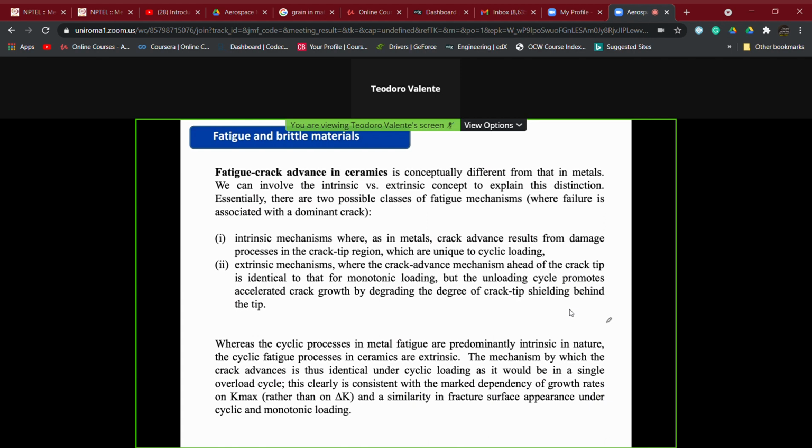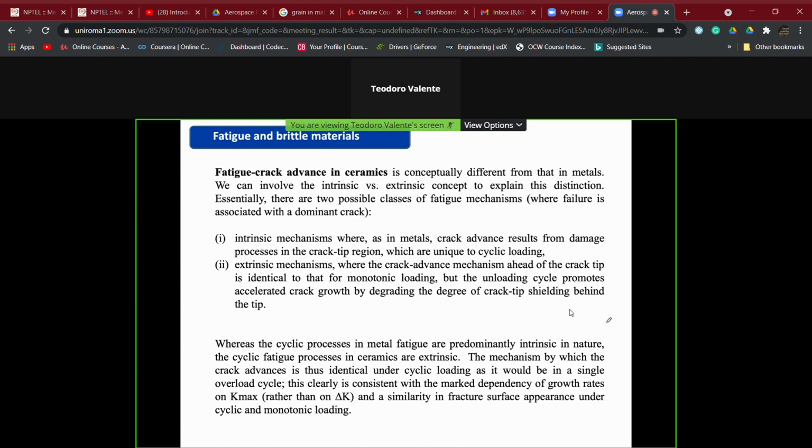The first one is the so-called intrinsic mechanism, where, as happens in metals, the crack advances in length by damage processes, which develop in the crack tip region.